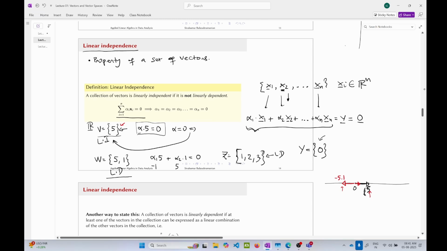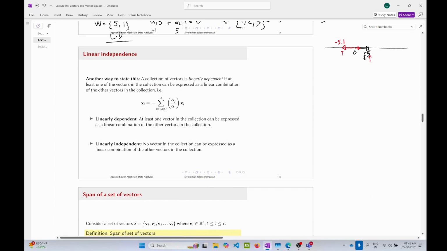Another way to state this is the following. If you have a set that is linearly dependent, it simply means that there is some redundancy in your set. One way to think about this informally is that somehow there are more elements than the amount of information conveyed by your set.